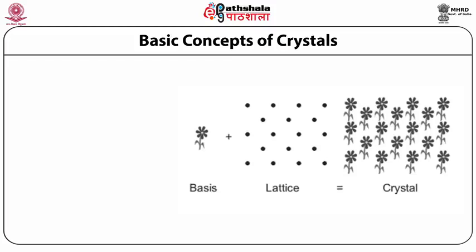Now here the basis is shown with a flower or a plant, just to illustrate, but actually in real solids these are complex molecules. The idea is that we put each of these flowers or plants on these points, and we see that we form a crystal here.